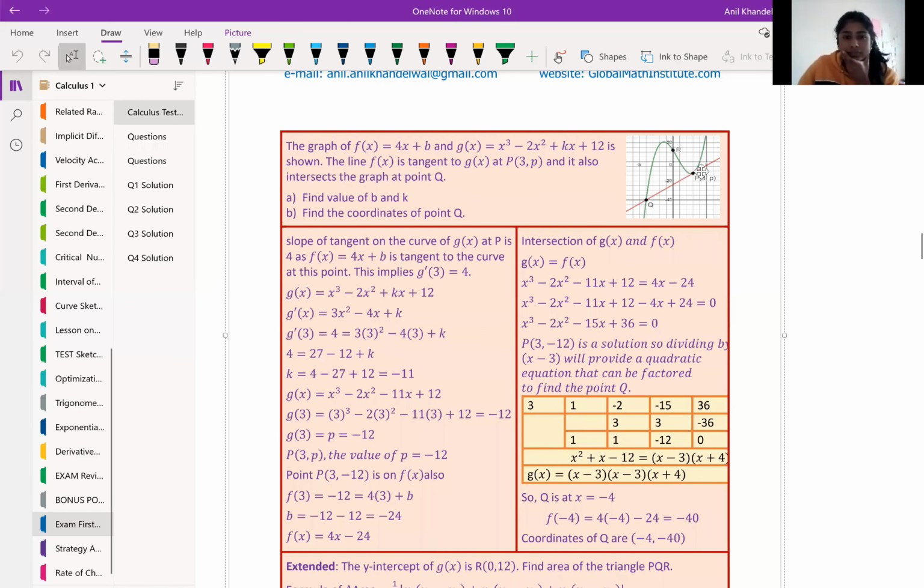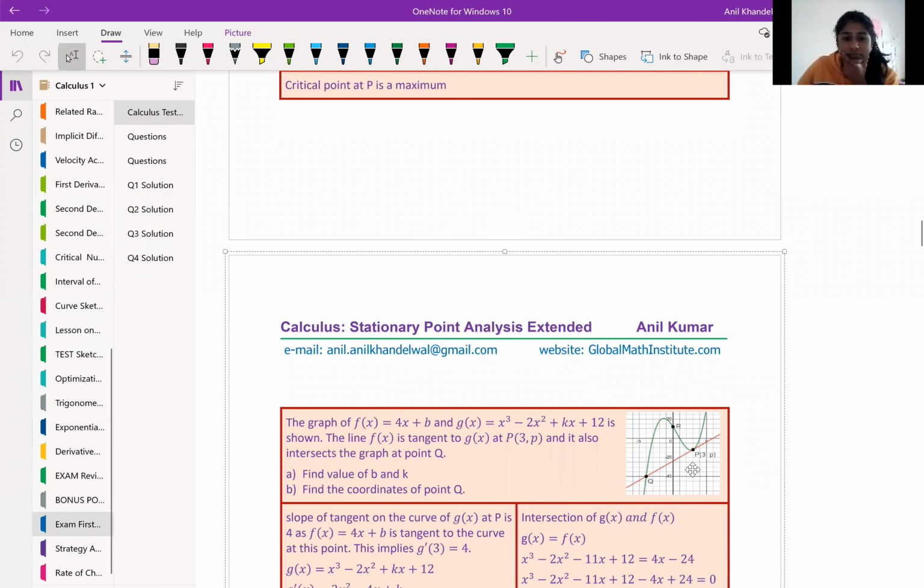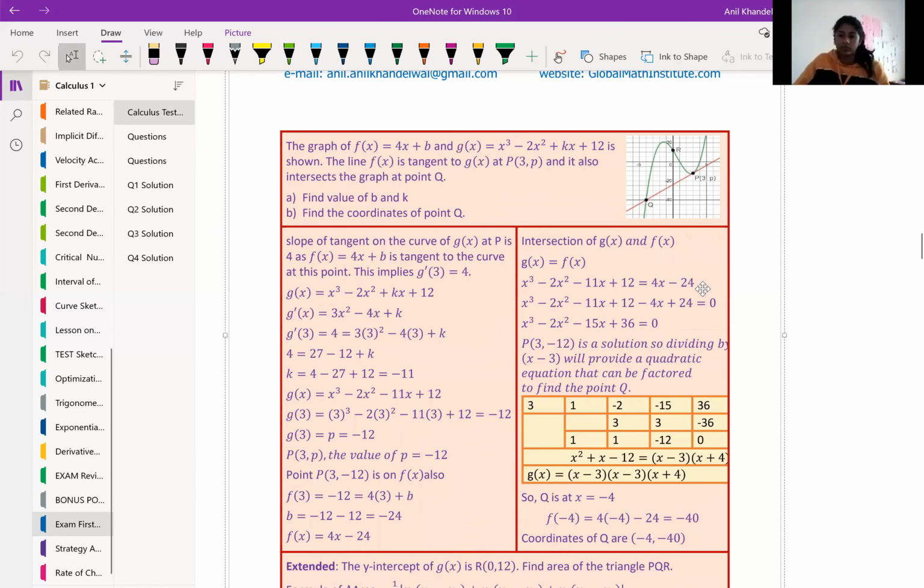This is actually part of the solution also, but here we have the graph. Do you see the graph? Right at the bottom of your screen, we have a graph in green and the line going through it, correct? So that's the graph you're looking at, where points P and Q are shown. The line is tangent at this particular point, and then that is another x-intercept.